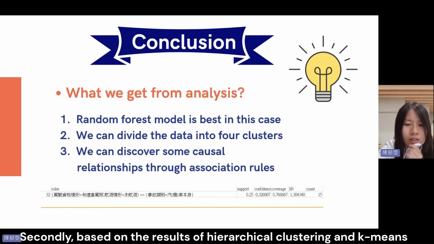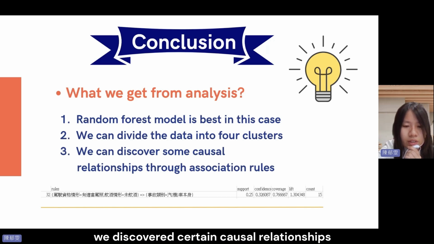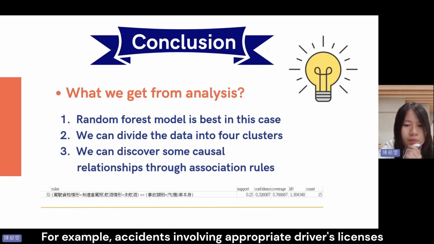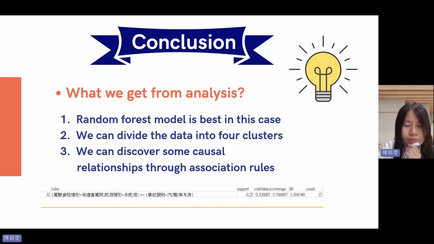Secondly, based on the results of hierarchical clustering and k-means, we decided to divide the data into 4 clusters. Lastly, through association rules, we discovered certain causal relationships. For example, accidents involving appropriate driver's license and non-alcohol consumption were classified under the category of the vehicle itself.